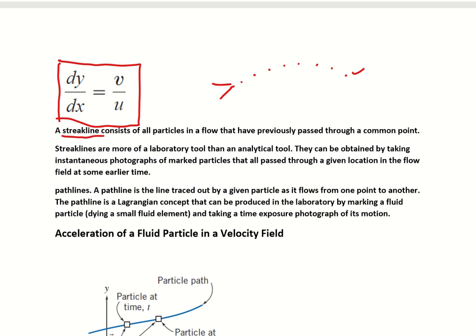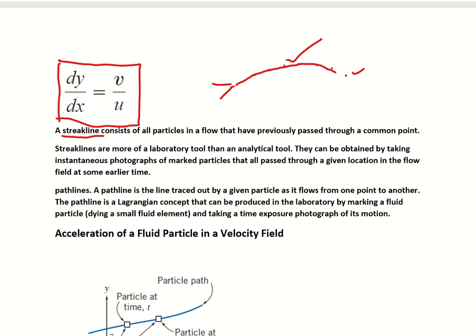Another particle emerged from here, and this is the location of this particle. Similarly, these are the locations of the particles at a given time, but they all came from the same location. If we take the instantaneous picture of all these points, then this line is termed as streak line.